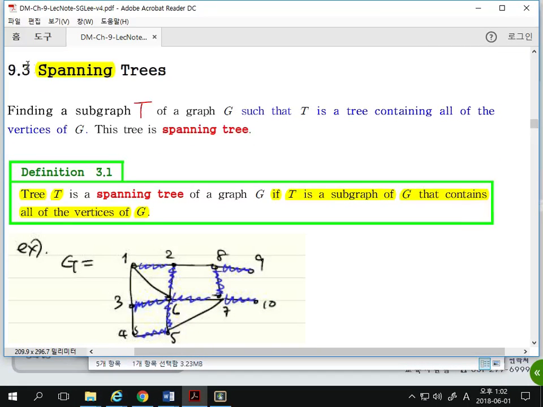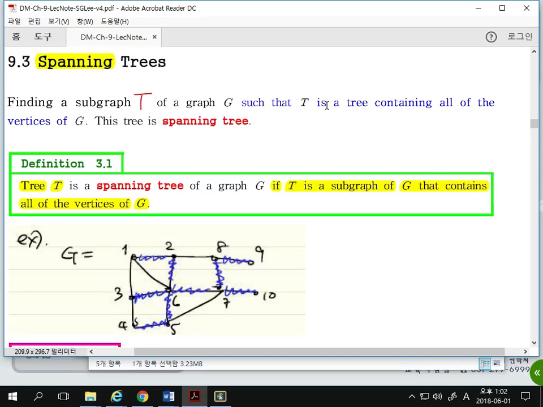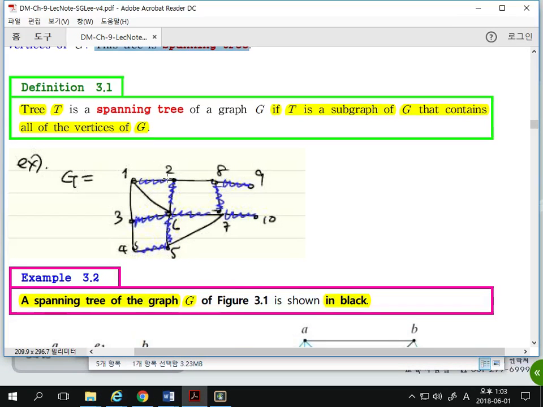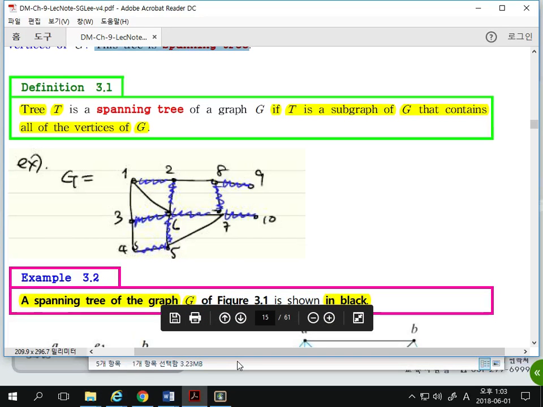Next, section 9.3, spanning trees. Finding a subgraph T over graph G such that T is a tree containing all of the vertices of G, and this tree is called a spanning tree. T is called a spanning tree of a graph G if T is a subgraph of G that contains all of the vertices of G. So a spanning tree is a connected subgraph that includes all vertices.